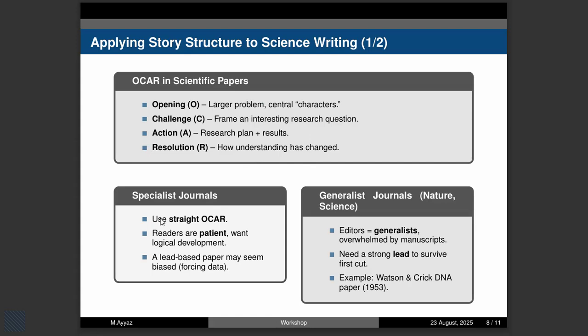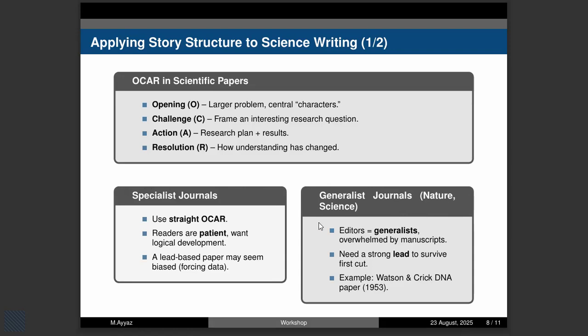Most papers for specialist journals are written in the OCAR structure, because the readers of these journals are more patient. On the other hand, generalist journals like Nature and Science are journals for a more impatient audience than that of specialist journals.